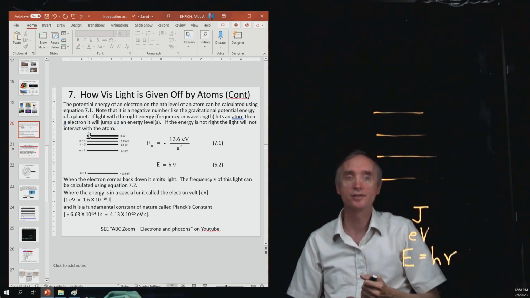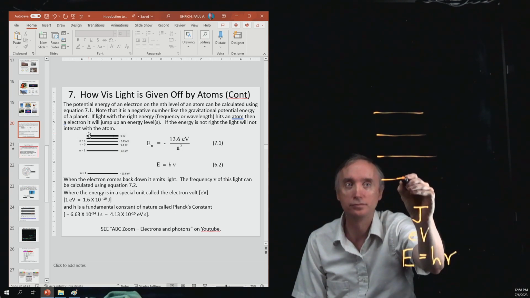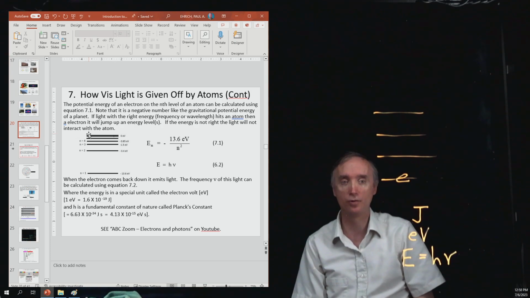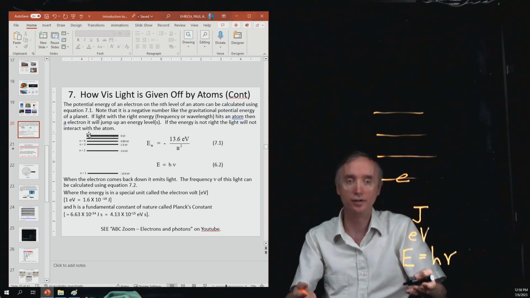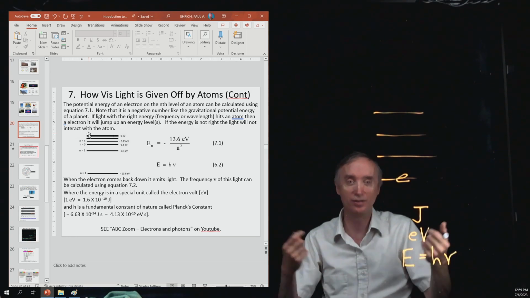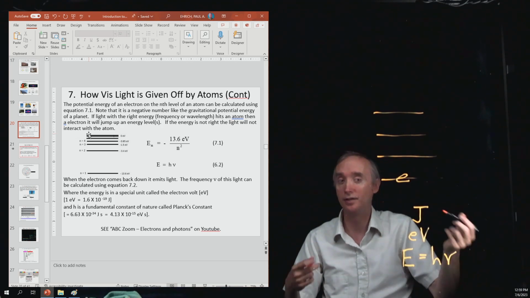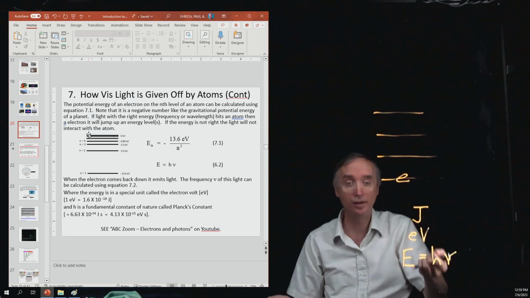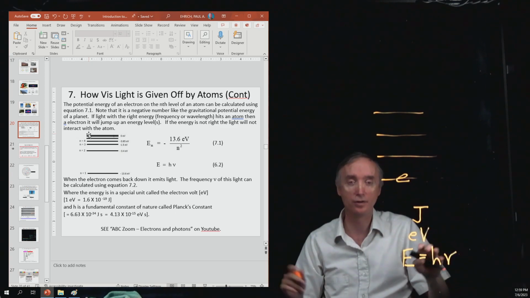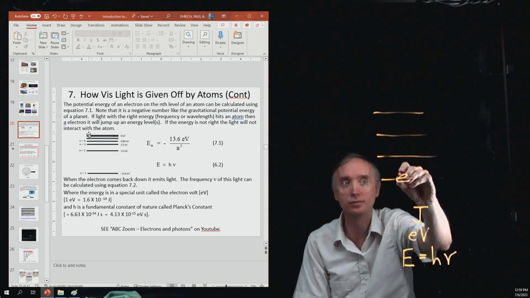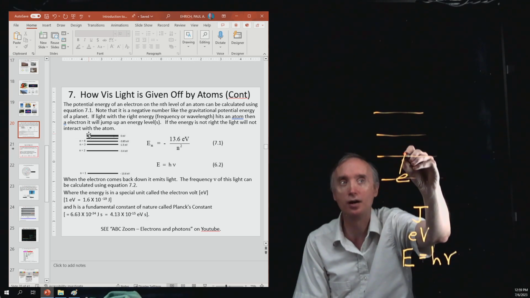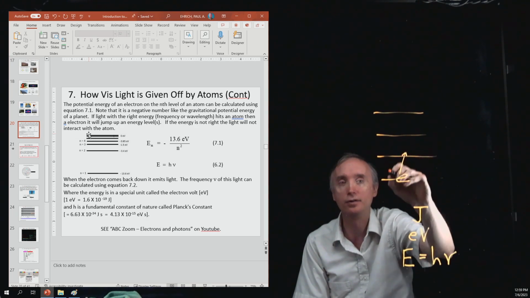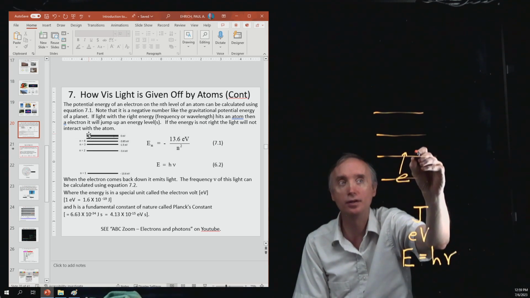Okay, let's say that you've got an electron down here on the first floor. We're going to give it energy in the form of electricity, in the form of light, or we heat it. One way or another, we give energy to this electron. It jumps. The electron will jump to a higher energy level, so maybe it goes up to here.